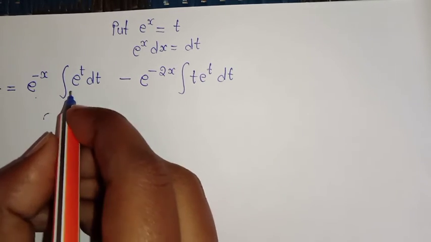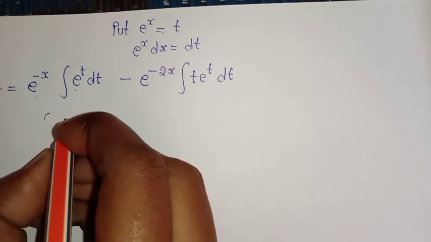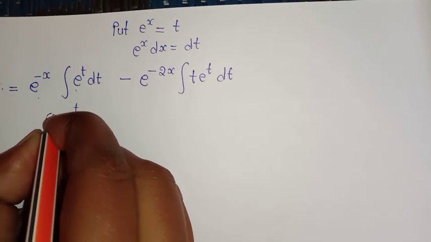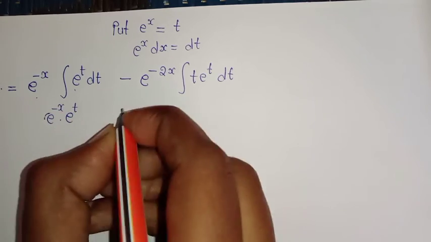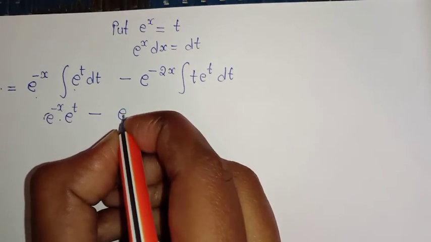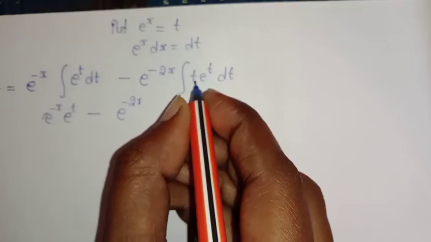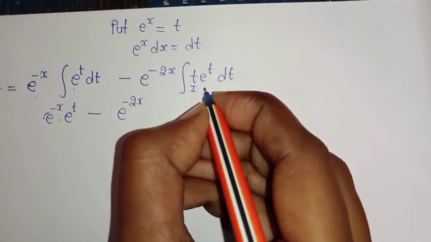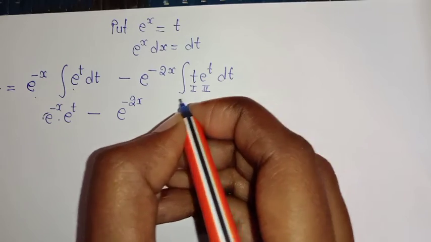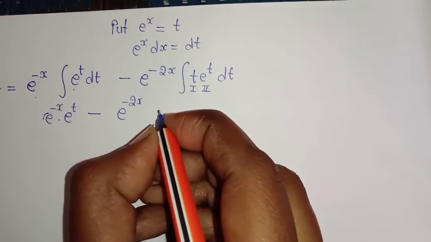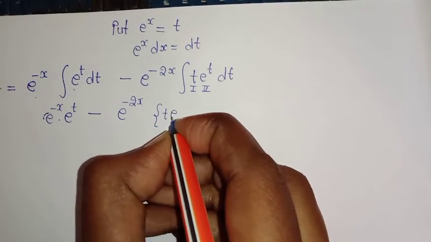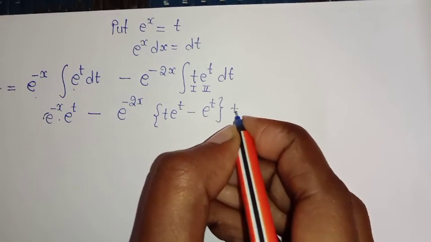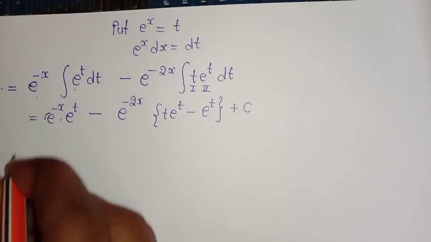The integration of e raised to power t is e raised to power t, so e raised to power t into e raised to power minus x minus e raised to power minus 2x. If we solve it by the ILATE method, then we treat this as the first function and this as the second function. So we get t e raised to power t minus e raised to power t plus c, integrating constant c.